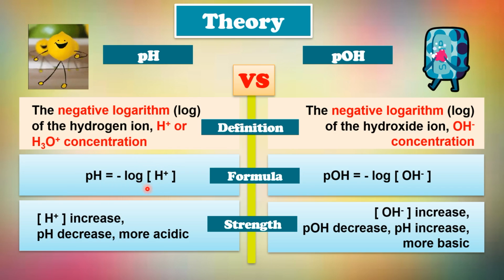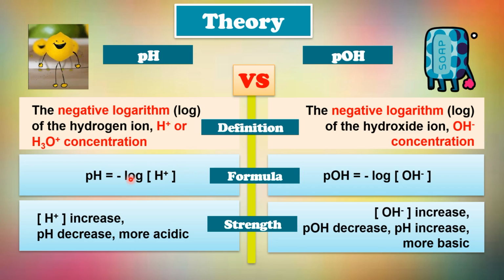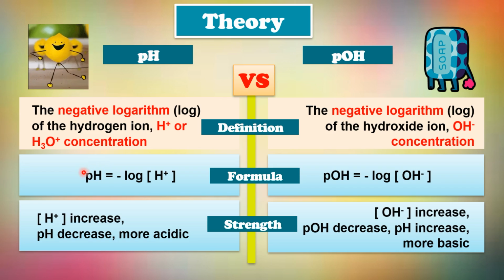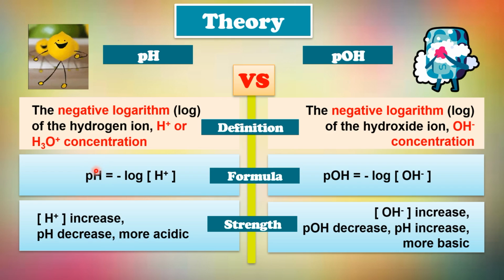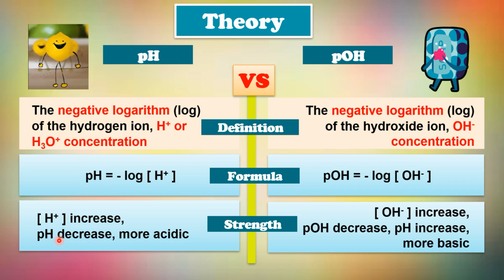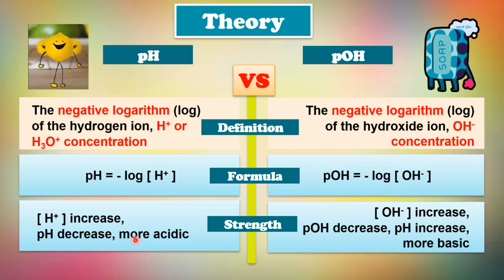As the concentration of H plus increases, when you log a very large number, you will get a low pH value. Therefore, as concentration H plus increases, pH decreases, which means the solution is more acidic.